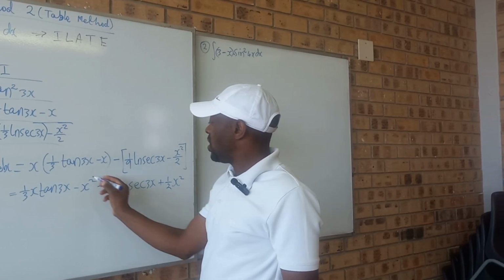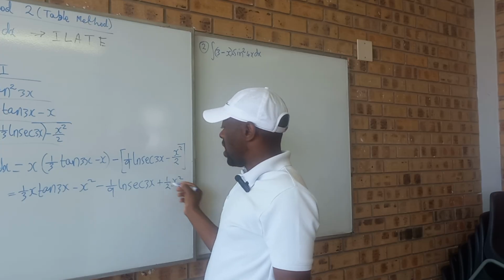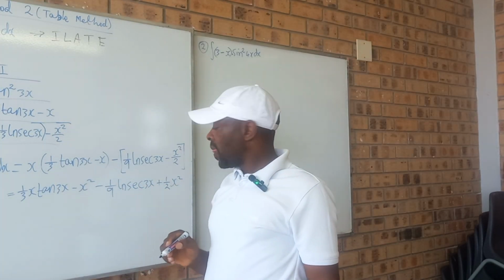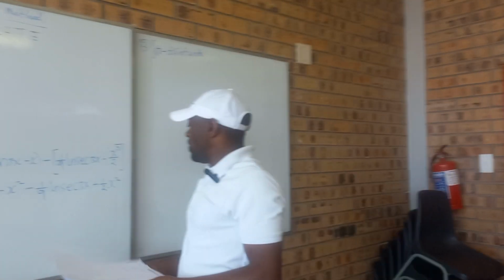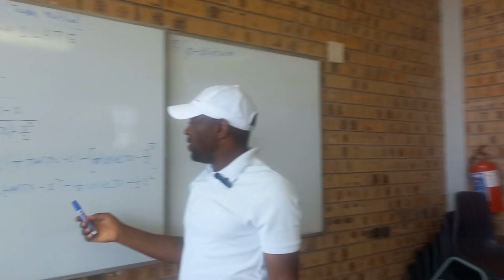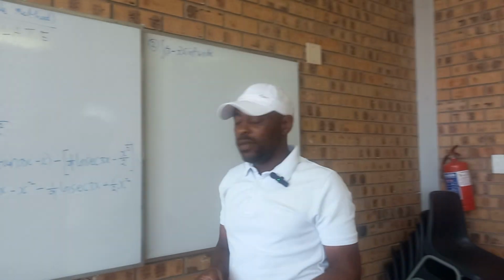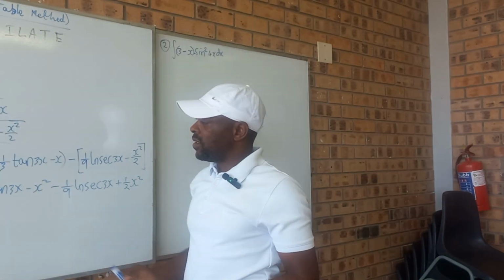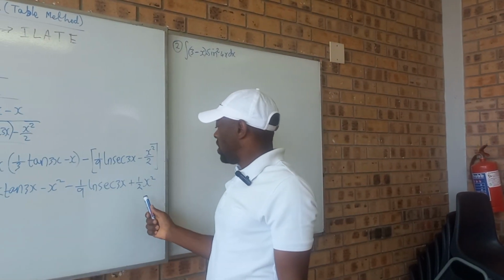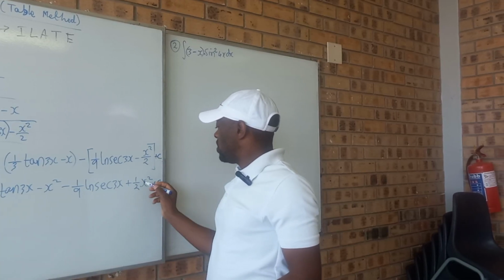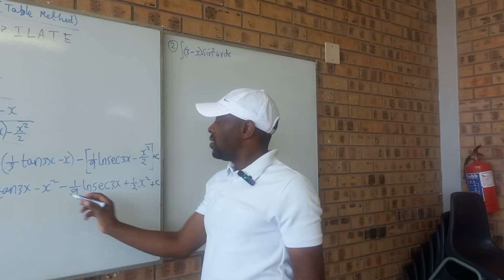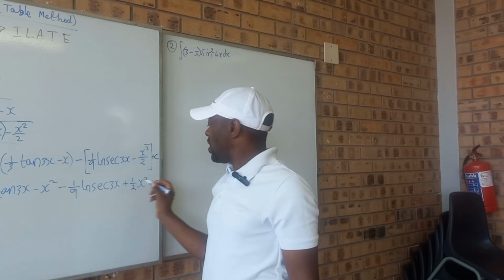So this term and the second one are like terms, x squared and a half x squared. I'm just trying to do the expansion to confirm that the two answers are the same. So at this stage, we just need to take this and add to that, because these two are like terms.